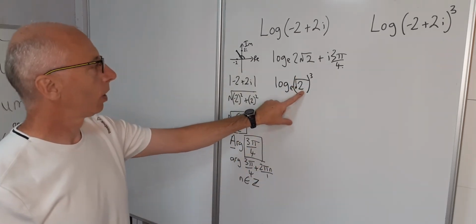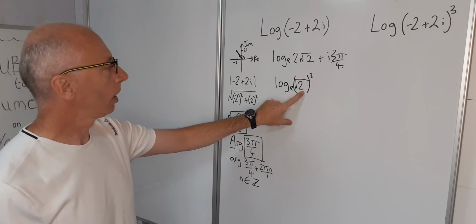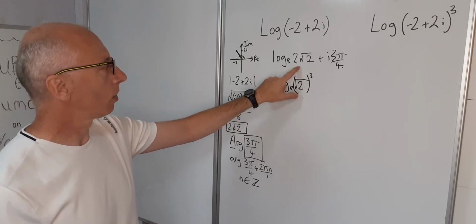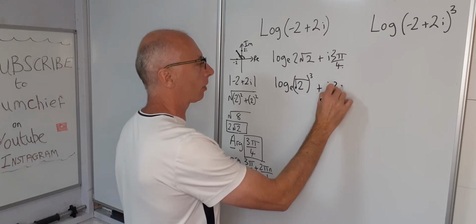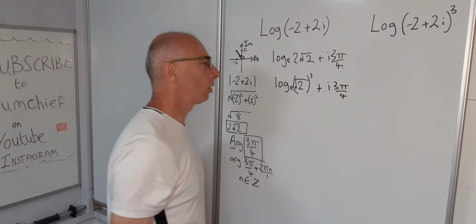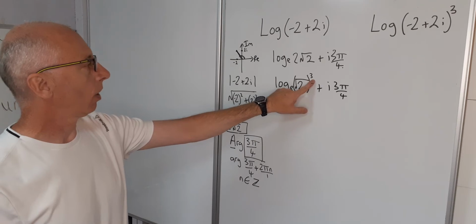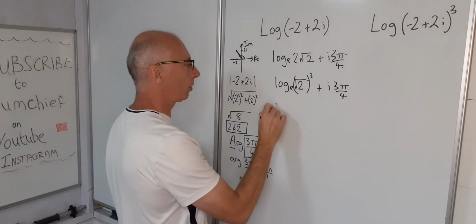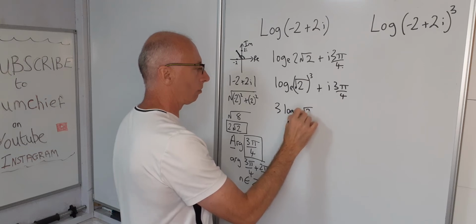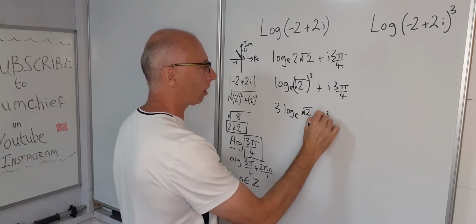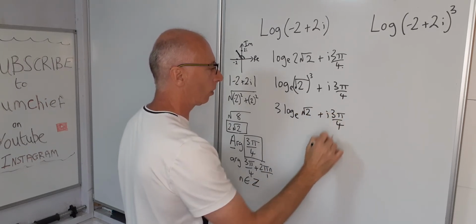So root 2 squared is 2, and then multiplied by root 2 again is 2 root 2. And then we add I 3 pi over 4. And then by the log property here, we can bring this 3 out front, and we've got 3 log e of root 2 plus I 3 pi over 4.